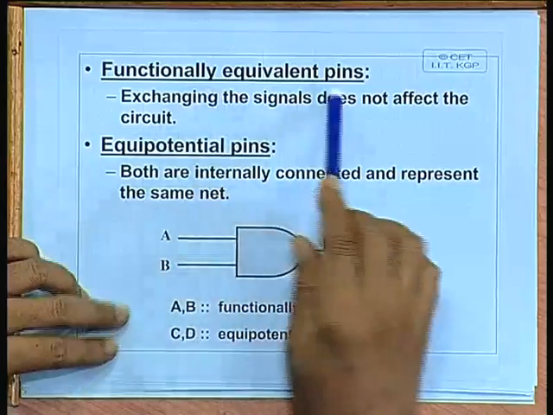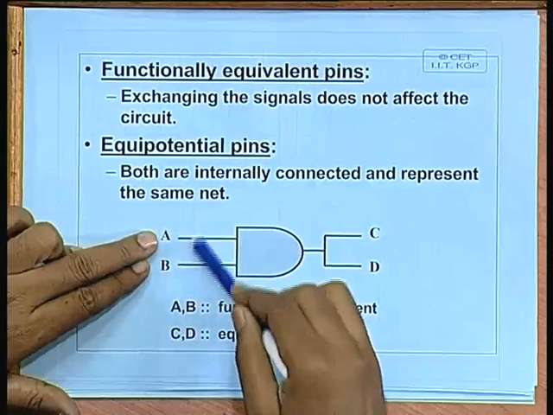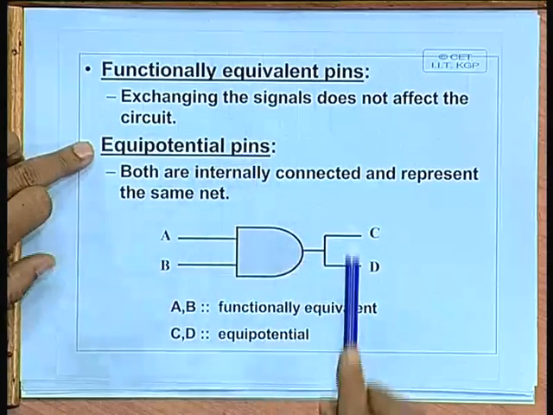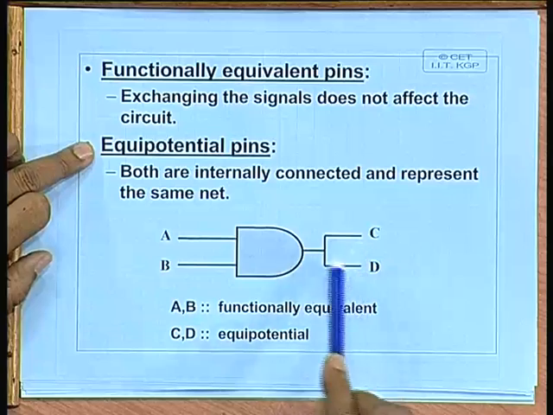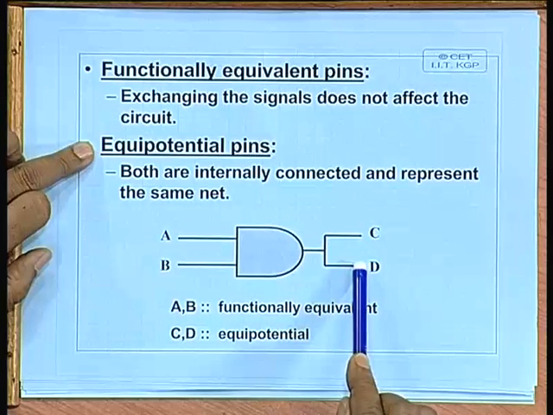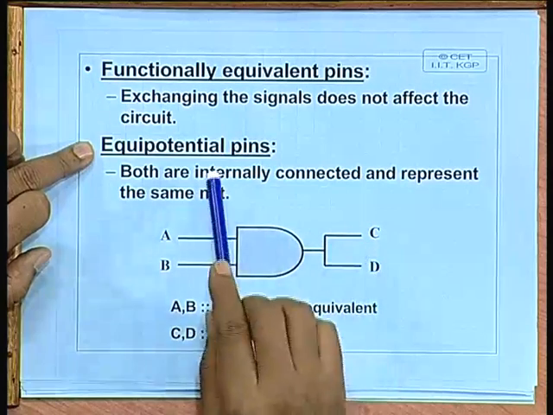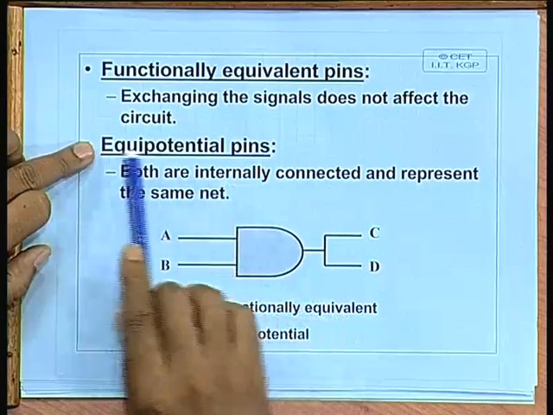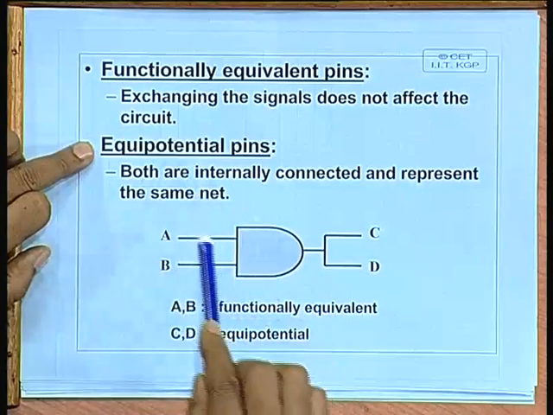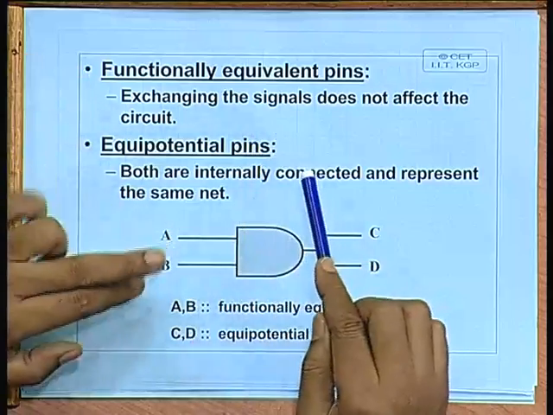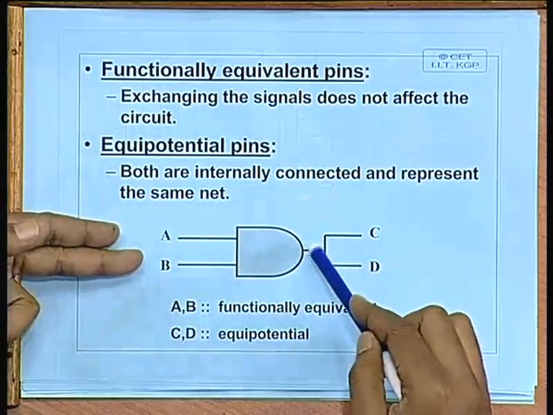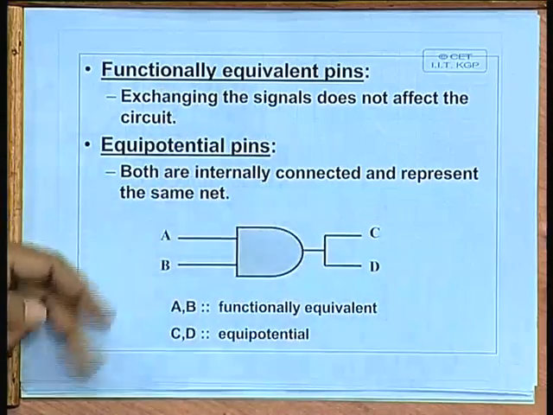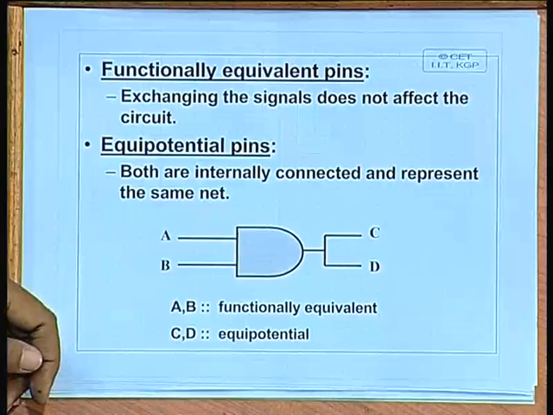They are said to be functional equivalent pins. They are not equipotential. Equipotential pins are C and D. They belong to the same net. So, the pins or the signals which belong to the same net are called equipotential, but signals whose exchange does not alter the functionality of the circuit are called functional equivalent, right.